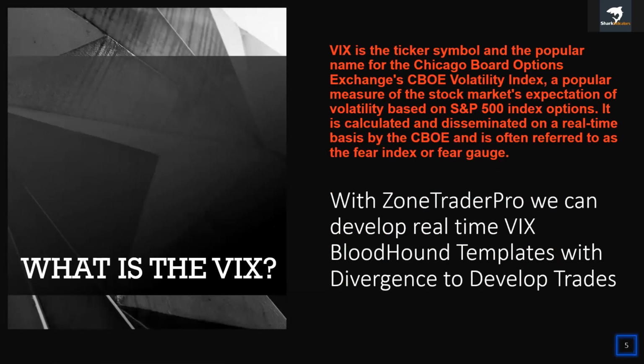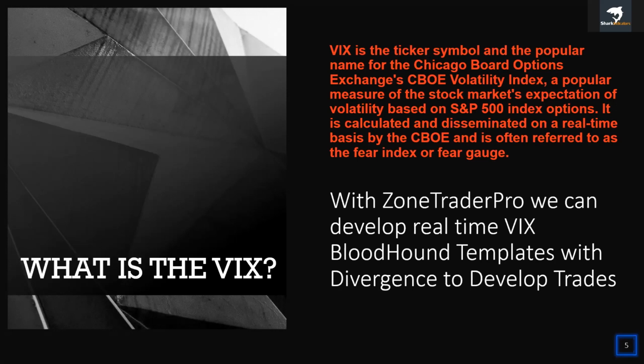From Wikipedia, the VIX is the ticker symbol from the CBOE index, and it's the stock market's expectation of volatility on the S&P 500. It's calculated and sent out in real time, and it's very easy for us to get that in our NinjaTrader. It's commonly referred to as the fear index.